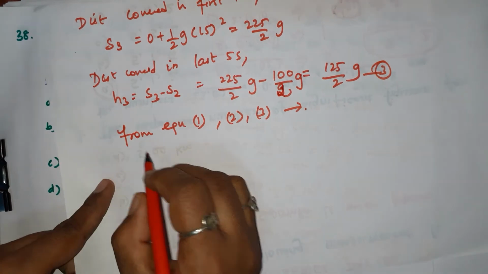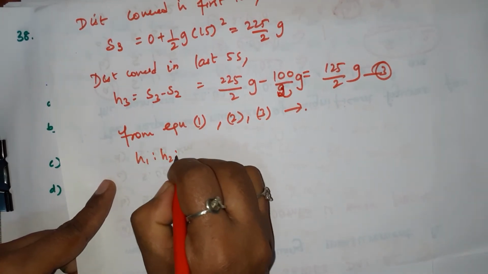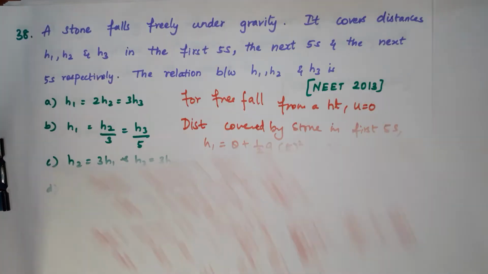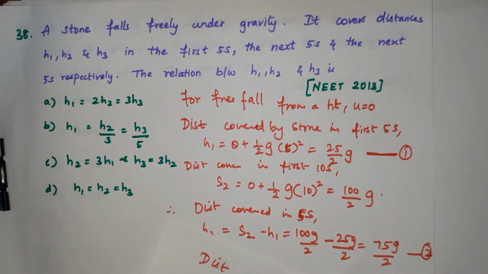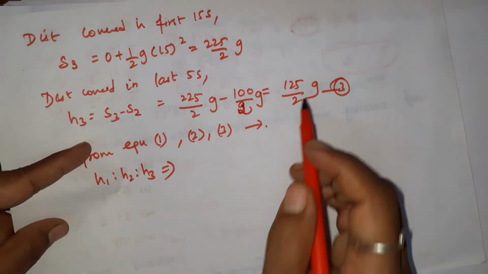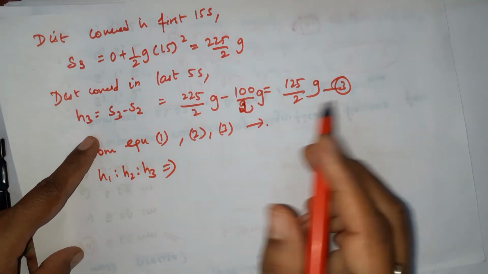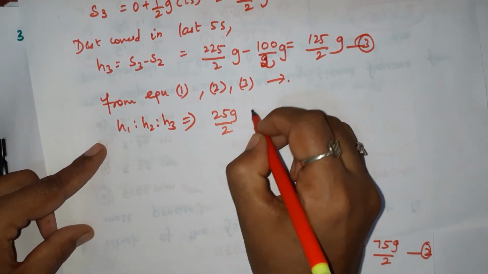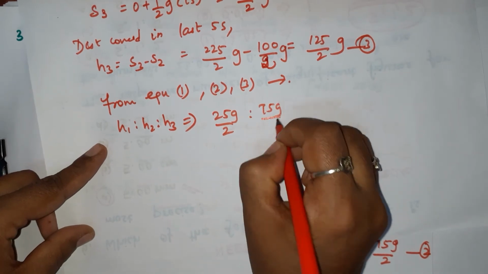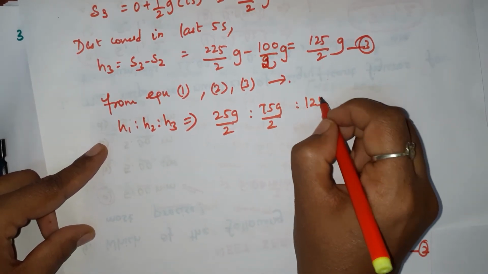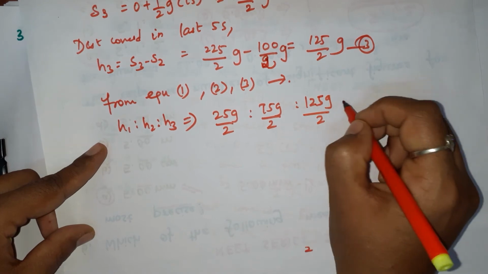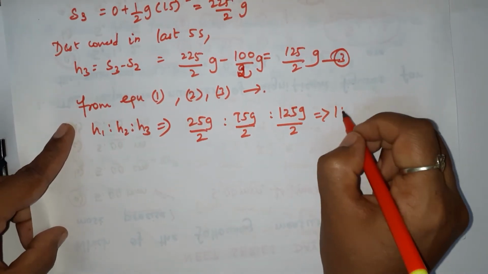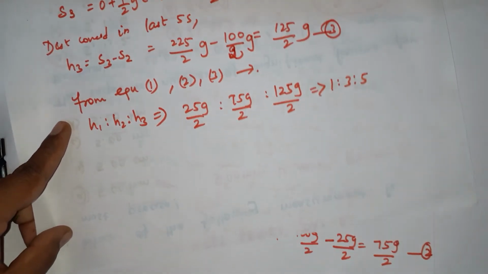So we'll have h1, h2, h3. What is the first equation? That is 25 by 2. Second is 75 by 2. Third is 125 by 2. So just substitute: 25g by 2, 75g by 2, 125g by 2, which gives the ratio 1:3:5, right?